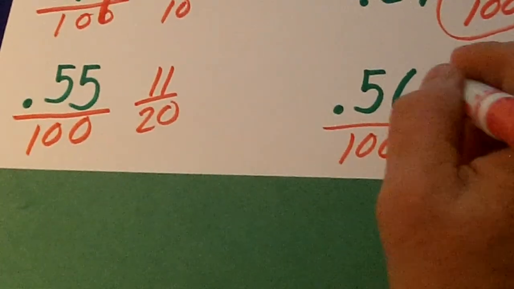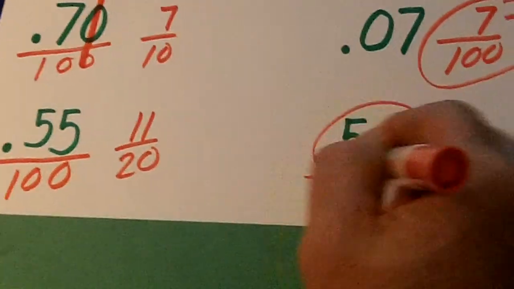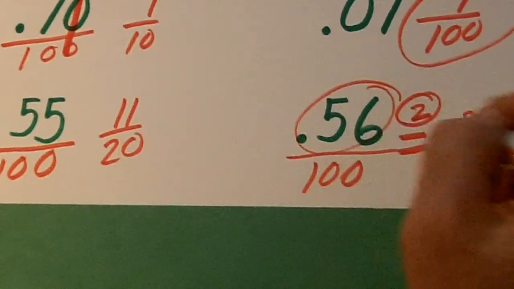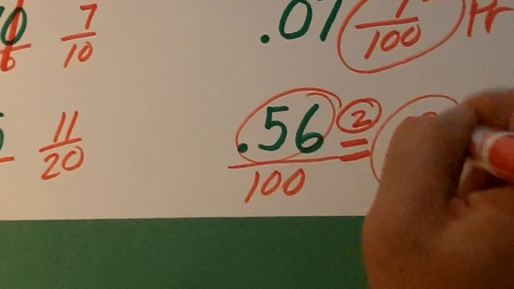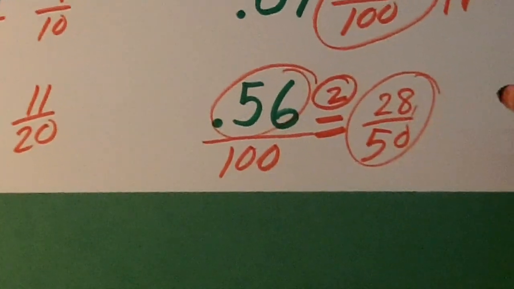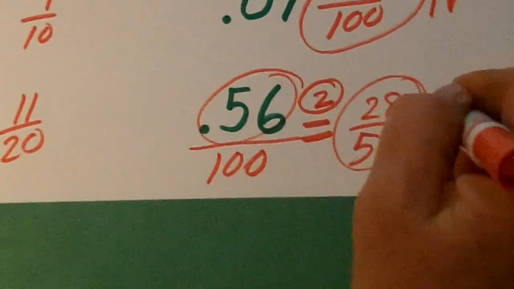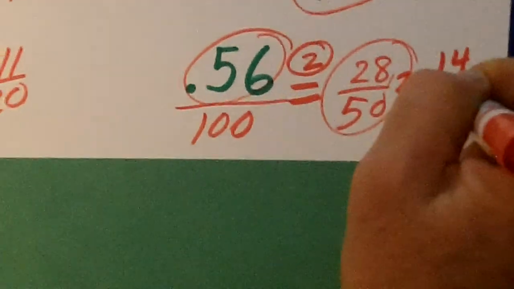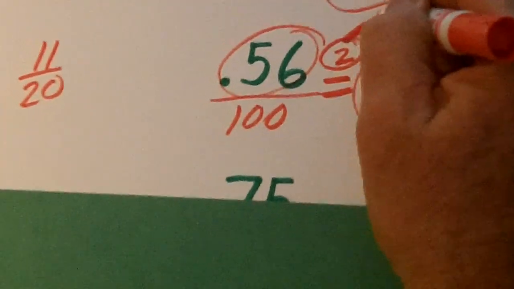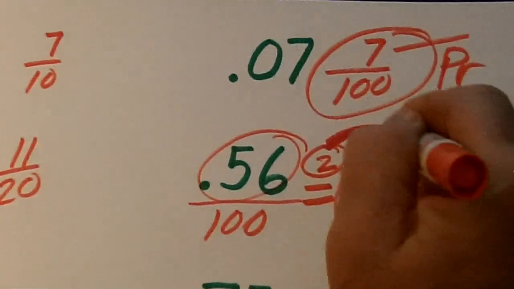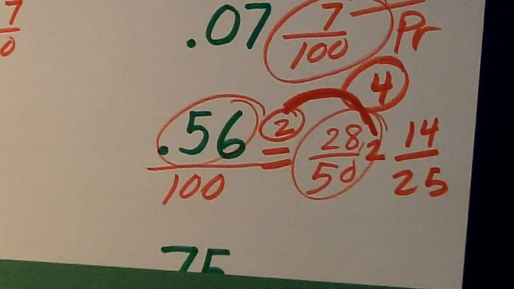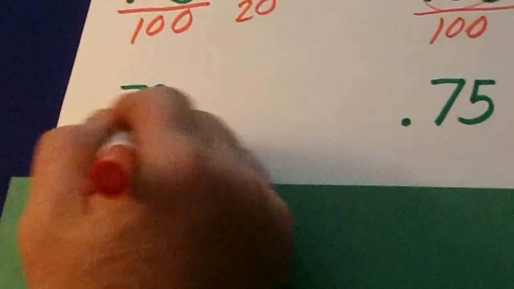I'm not sure if it's 2 or 4. So we'll try 2. 2 goes into here, 28. 2 goes into here, 50. Oh, watch this. They are still even. So I can go by 2 again. I get 14 over 25. So into 56, 2 times 2, we could have divided by 4. 72 over 100.